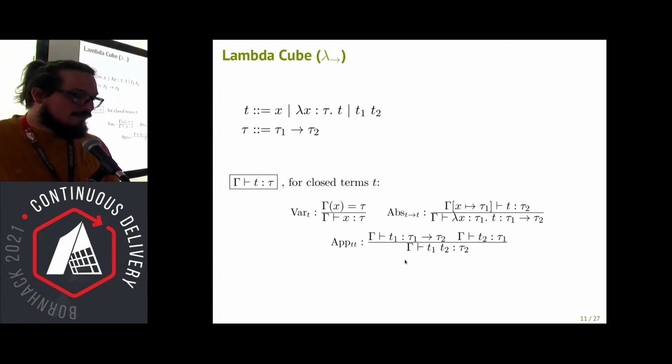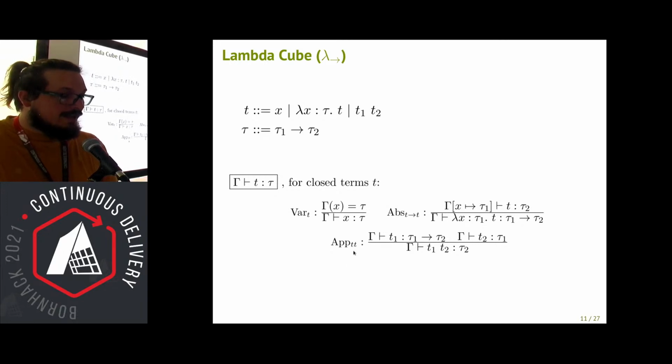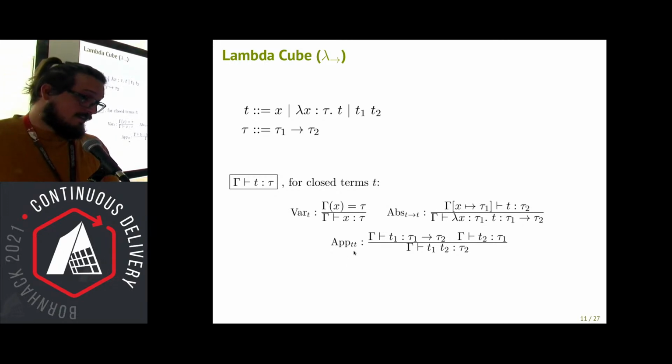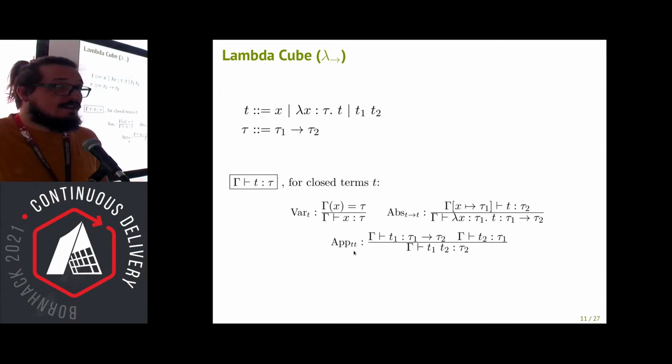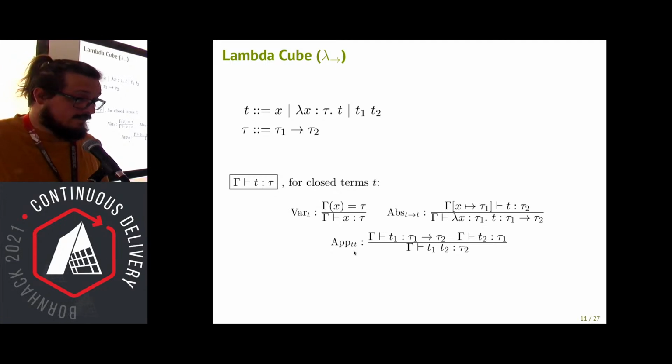It has these typing judgments. The abstraction typing judgment is an abstraction from terms over terms, and the application rule is applying a term to a term. So clearly nothing can depend or abstract over a type in this system.